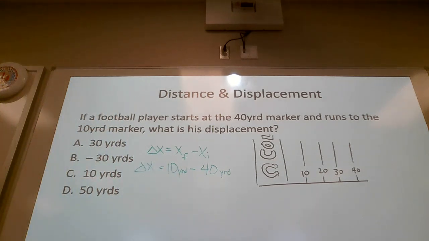Good with that? So, what does the negative sign communicate? Direction. Does that make sense?